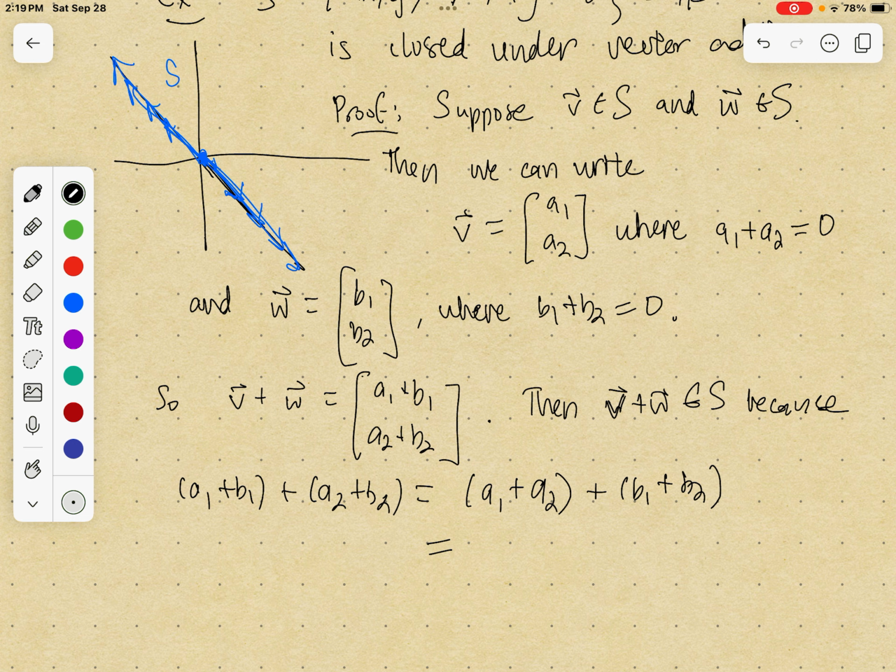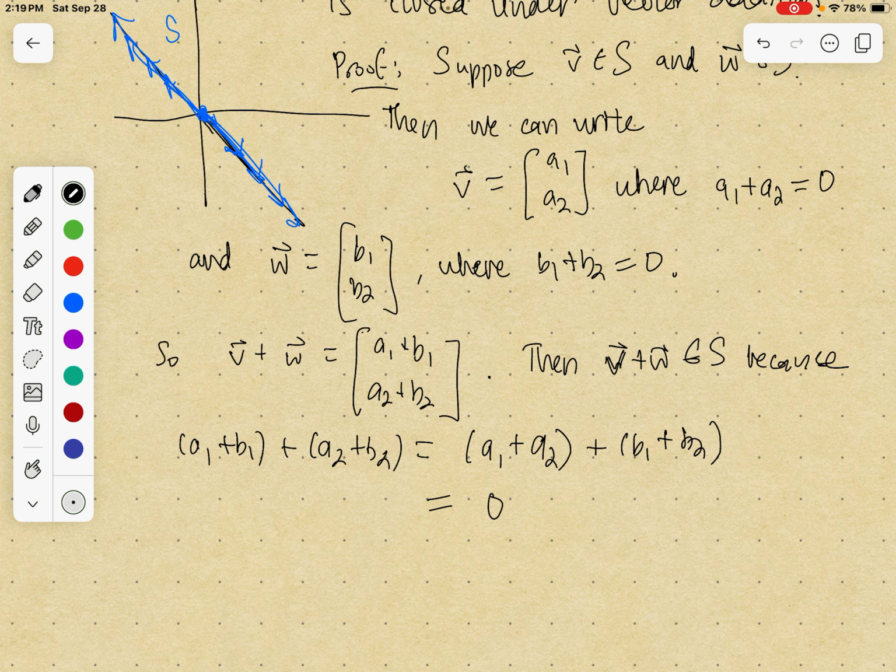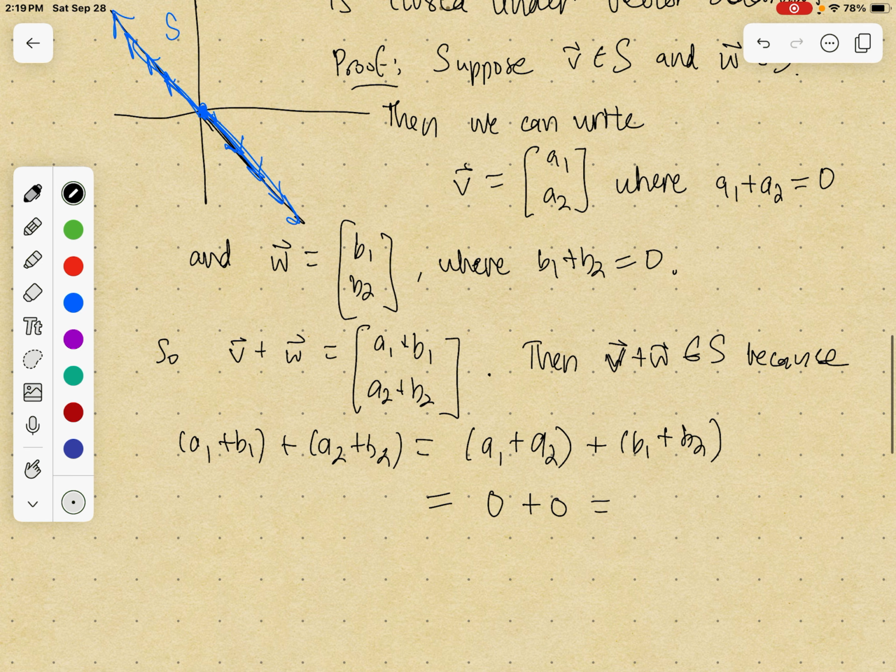We know that since V is in S, A1 plus A2 is 0, and we know that B1 plus B2 is 0 because W is in S, and 0 plus 0 is 0. And these are the scalars 0, just in case it wasn't clear. So therefore V plus W is in fact in S, and so S is closed under vector addition.